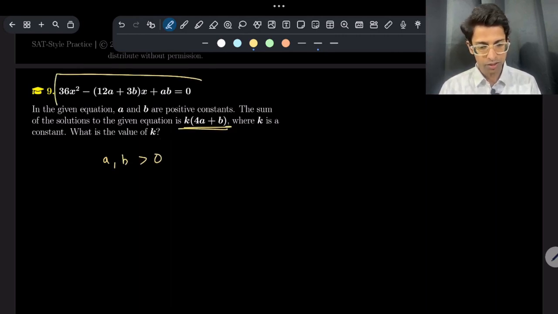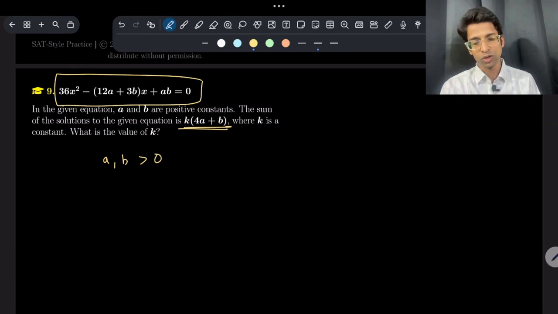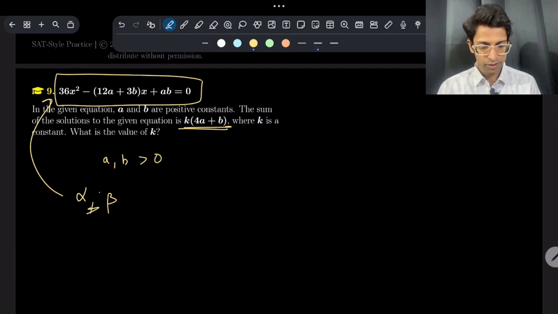Once you see a quadratic equation, you are expected to know what is the sum of the zeros. So let me consider the roots to be alpha and beta. He's telling me that alpha plus beta, the sum of the roots, is equal to k into (4a plus b).